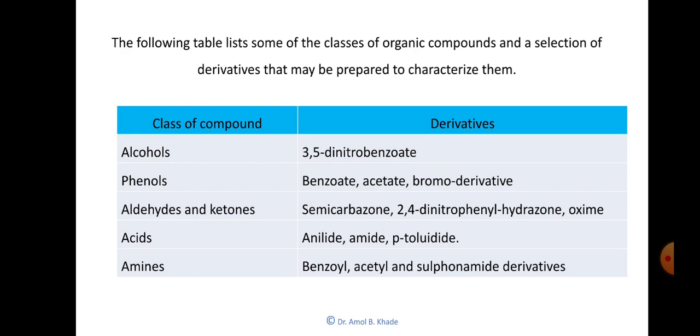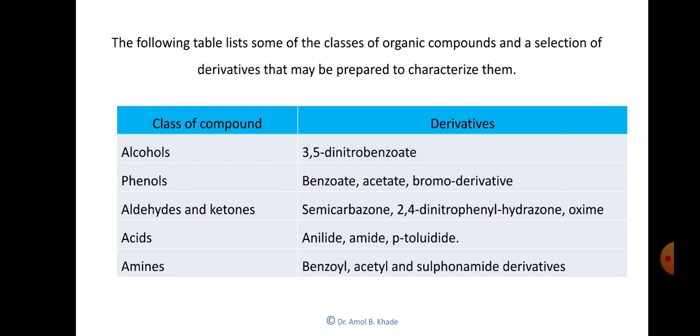Aldehydes and ketones can be converted into semicarbazone, 2,4-dinitrophenylhydrazone, or oxime. Acids can be converted into anilide, amide, and paratoluidide. These are the derivatives popularly prepared for acids.